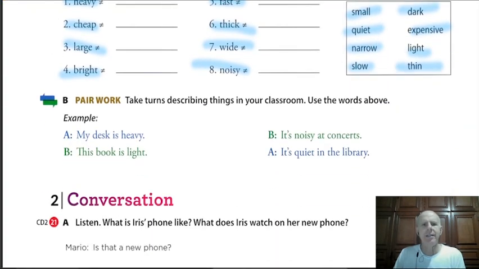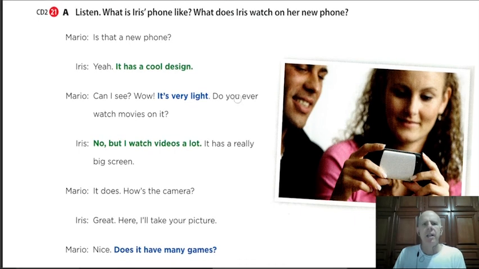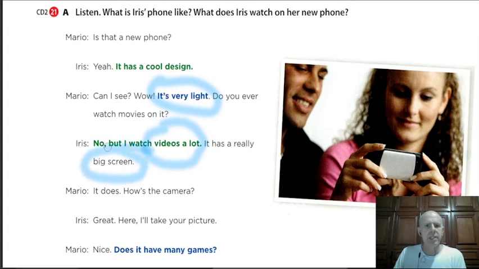We had this dialogue, for example, in which they were talking about her mobile phone, Iris's mobile phone. It's very light. She watches videos a lot, frequently. She watches videos frequently. It has a big screen, and the camera is great.